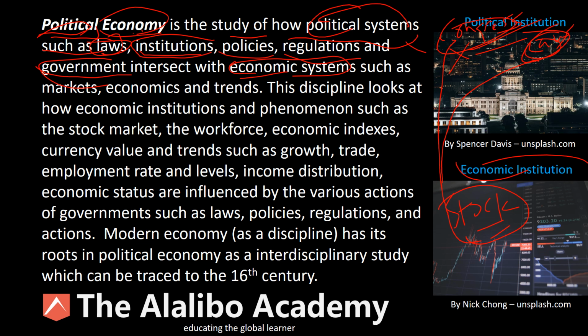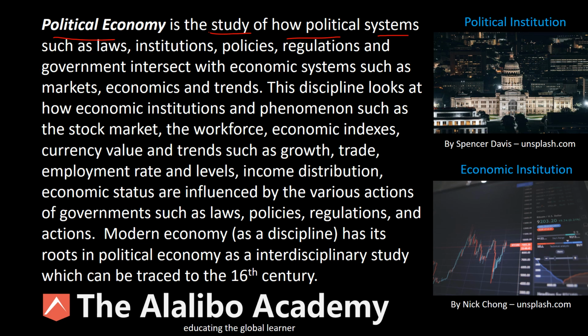Let's repeat this because it's very important to have this foundational knowledge of what political economy is. Political economy is the study of how political systems such as laws, institutions, policies, regulations, and government intersect with economic systems such as markets, supply and demand, the markets where folks buy commodities and products, economies of the country, of the province, of the locality, and trends.